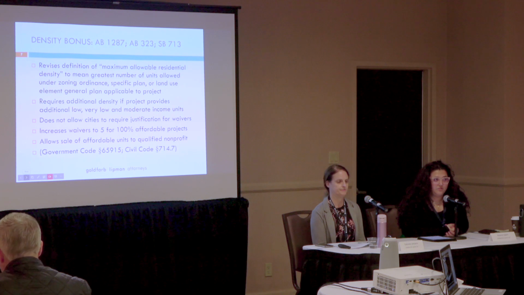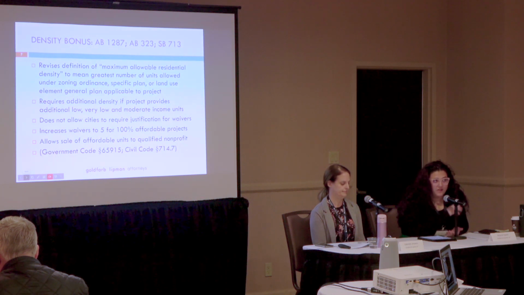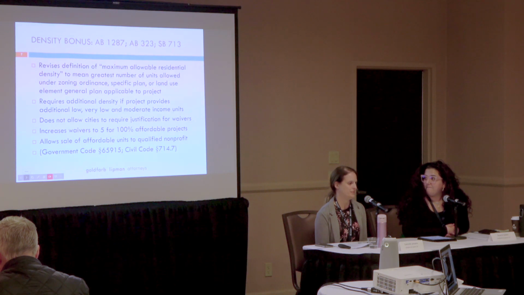You don't have to build the additional units. As long as you're providing the affordable housing, you are entitled to any piece of what density bonus law provides. I don't remember if Naz mentioned this, but you can have unlimited waivers.